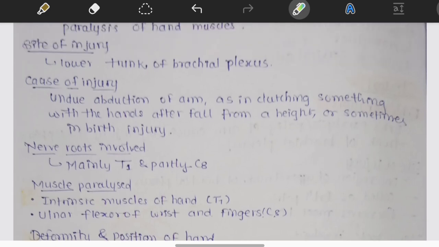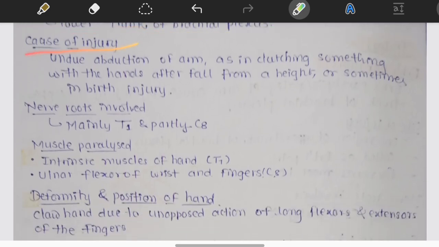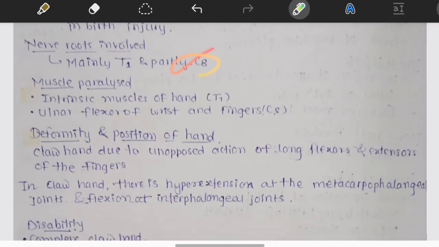Site of injury is the lower trunk of the brachial plexus. Cause of the injury: undue abduction of the arm, as in clutching something with the hands after a fall from a height, or sometimes in birth injury. The nerve roots involved are T1 mainly but partly C8.